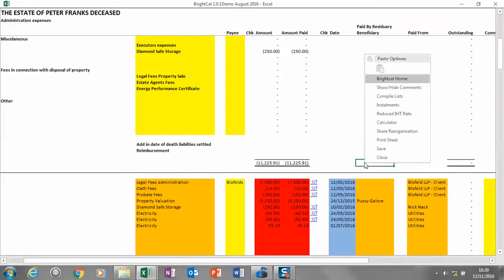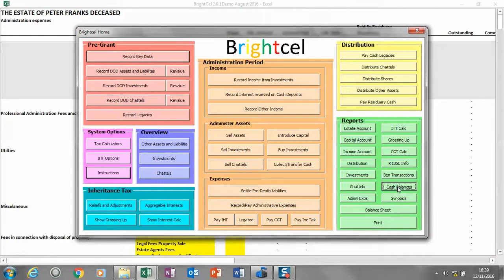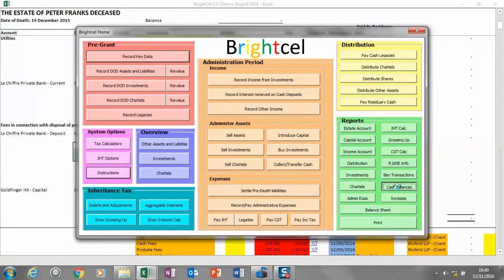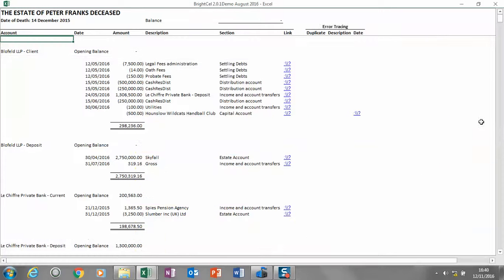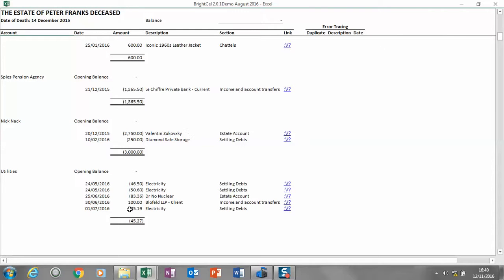And now what that will show us, if we go back to the ledger, is that we've had a credit of £35.19, or that was the adjustment, and that shows that actually what's happened is that we still owe £45.27. We owed all of those amounts, we paid 100, and we had a credit of £35.19. So the actual amount that is due away from the estate is £45.27.